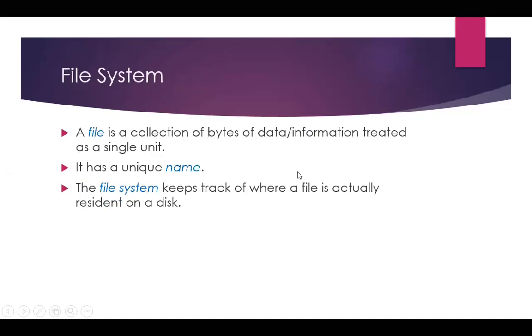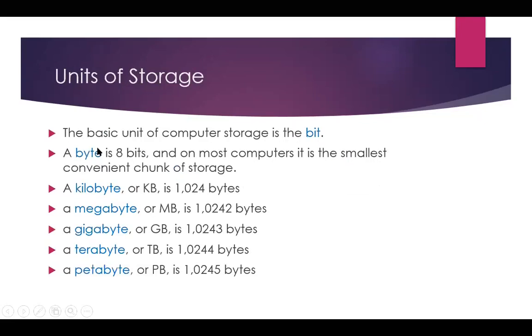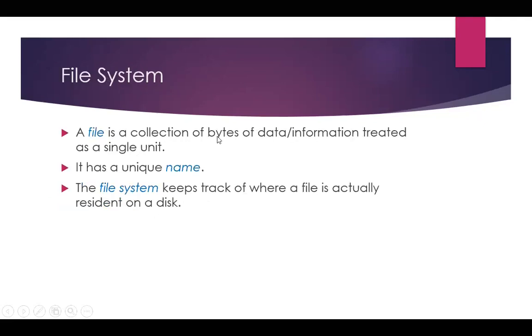Why do we discuss these units of storage? Because I wanted to define a file. So a file is a collection of bytes of data. So this was a byte. A file is a collection of bytes of data or information treated as a single unit. So the operating system treats a collection of bytes as a single file.